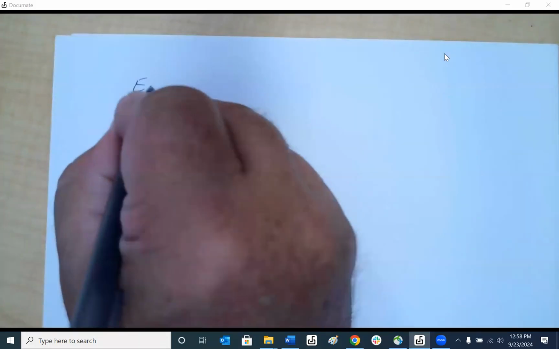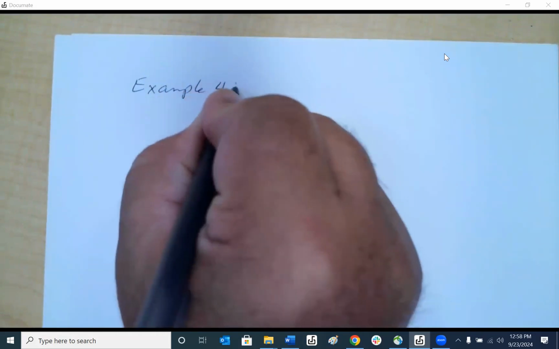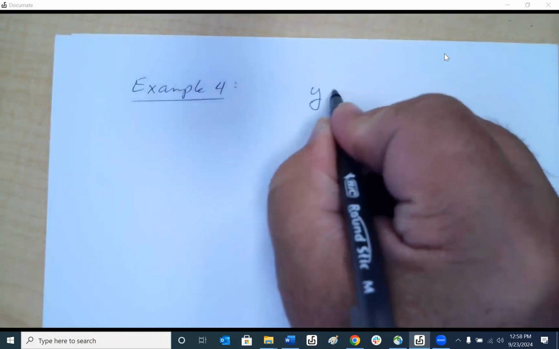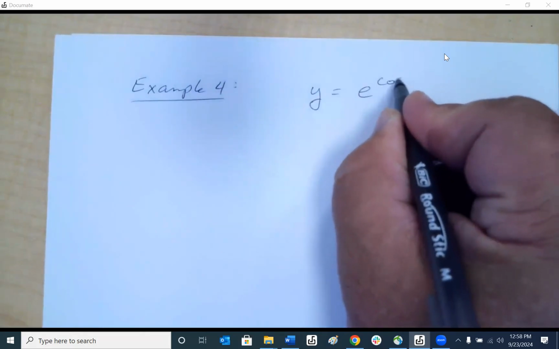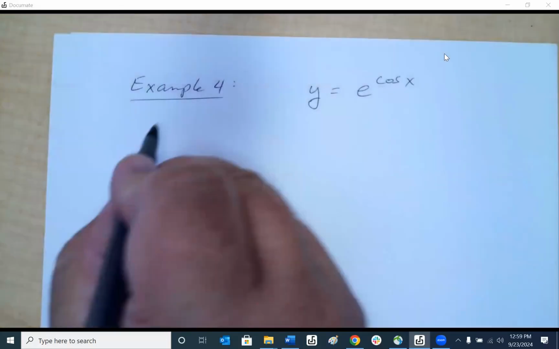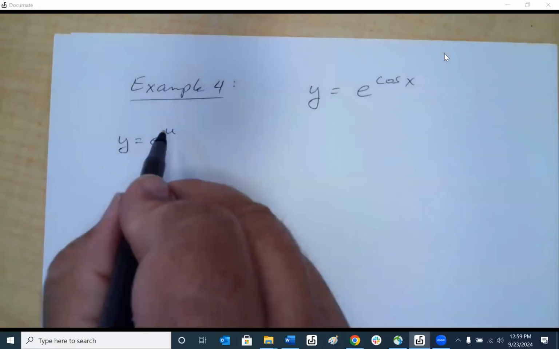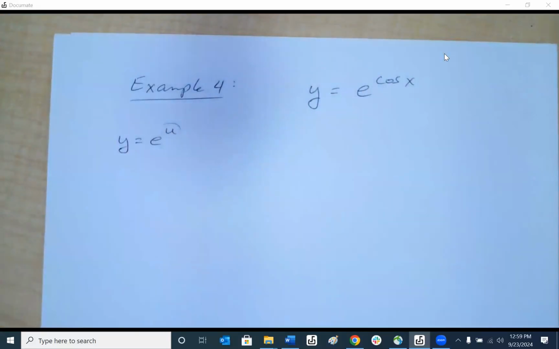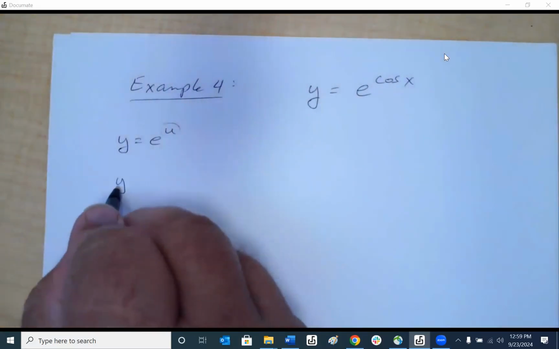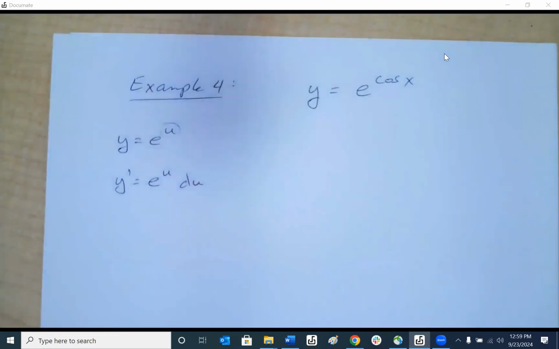The same goes with e functions. Y equals e to the cosine x. The rule for e functions: if the exponent is a function of x, then the derivative is e to the u times du.